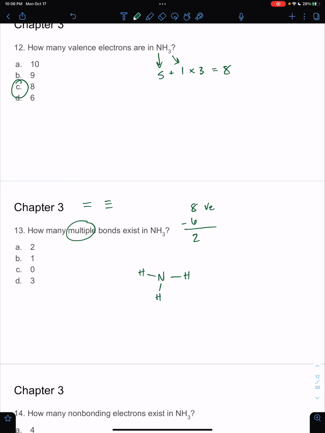It's only got 6 electrons in its valence right now, so we have to get it up to 8. What we can do is just add a lone pair. That will take care of the 2 electrons we were missing. And now every atom has the right electrons in its octet. The nitrogen has 8, and each hydrogen has 2.